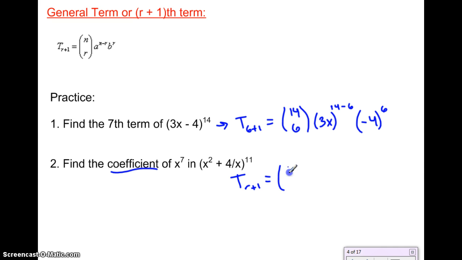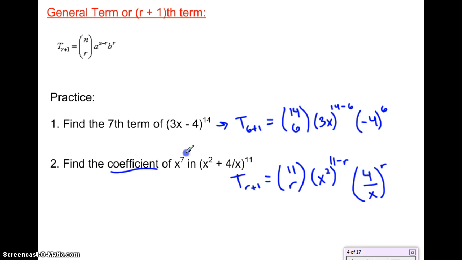We're going to put in everything we do know. I know that n is 11. I know I want to find r. I'm not sure exactly what term we're on. I know my a value is x squared, and I know I'm going to raise that to the 11 minus r. And then I also know that 4 divided by x is going to be raised to the r power.